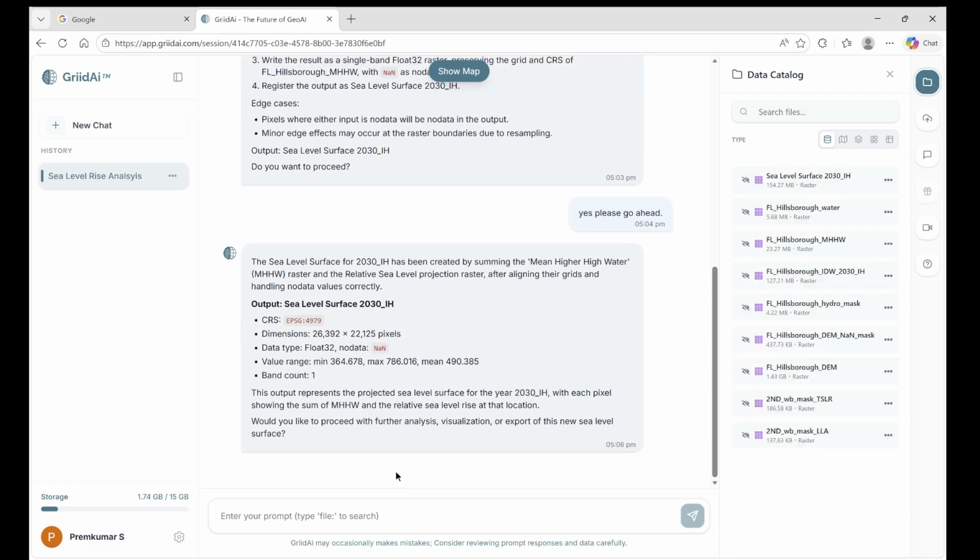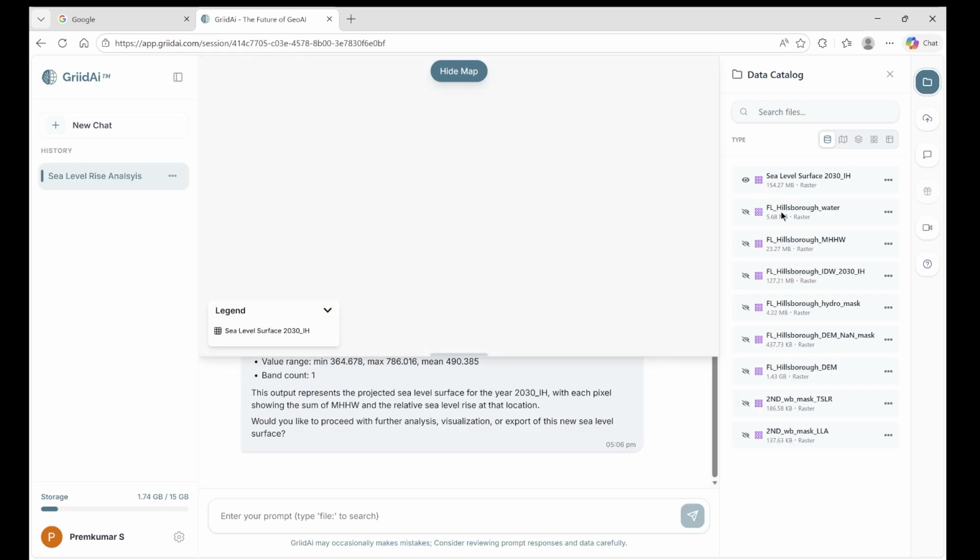So the analysis has been finished and it is giving clear information on what sort of data it has created, what the dimensions, data type and no data value are. All those metadata sorts of information we are getting from this, and you can see the file here also.